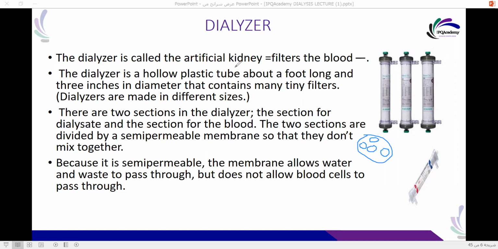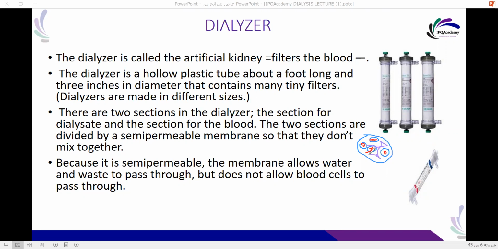Here is the blood passing inside these filters, while the dialysate fluid, let's imagine it's purple here, passes between these filters, surrounding them.